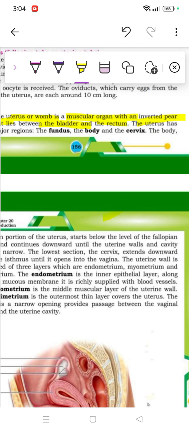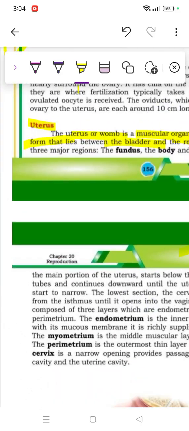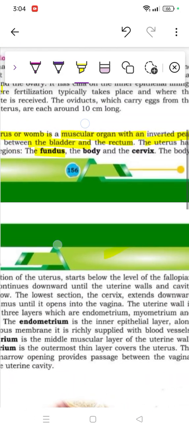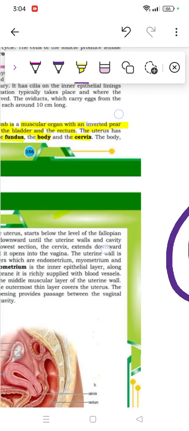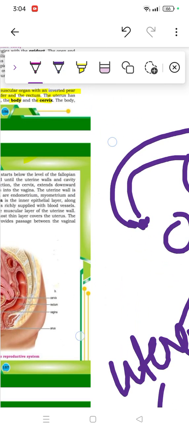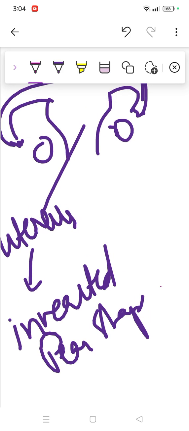So the uterus again has three major parts. The first one is called the fundus, the second one is called the body, and the third one is the cervix. One more point: here we have another structure that connects to the cervix.